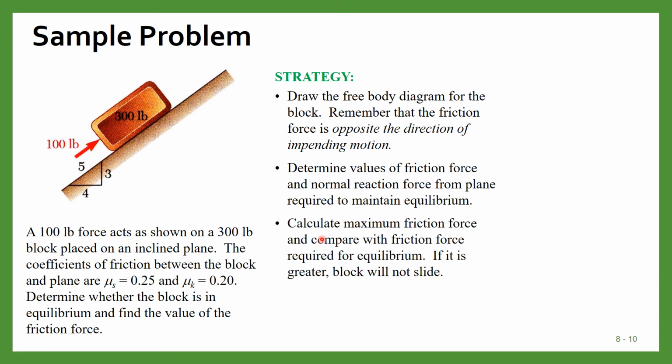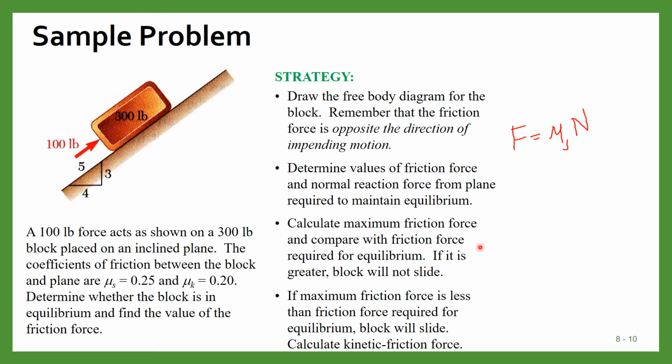And next, we will calculate the maximum friction force. Maximum friction force can be calculated from Fs is equal to mu s times N. If it is greater, the block will not slide. So if the maximum friction force is greater, then the block will not slide.